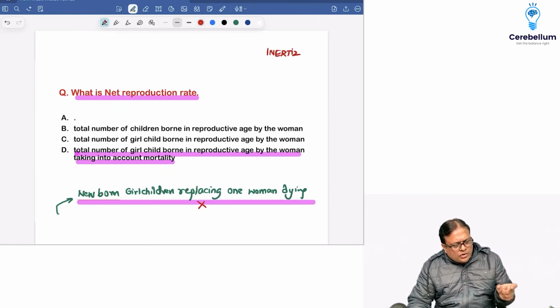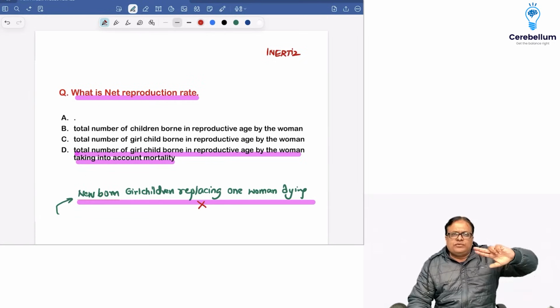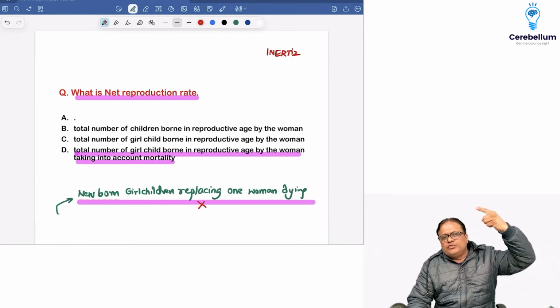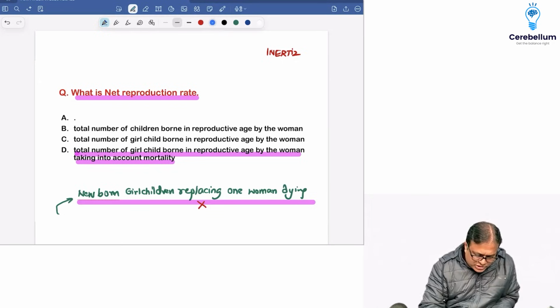Okay, number of daughters an infant baby produces in future. So the number of daughters that a girl is going to produce in her future reproductive lifespan, and out of them how many remain alive, that is also net reproduction rate.